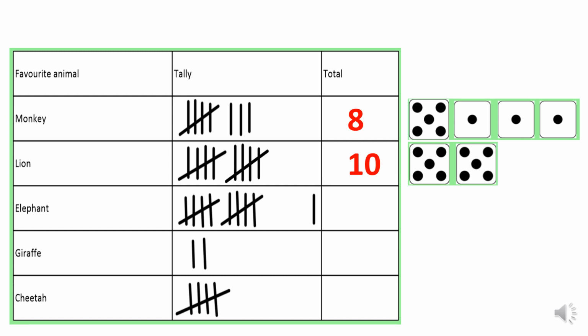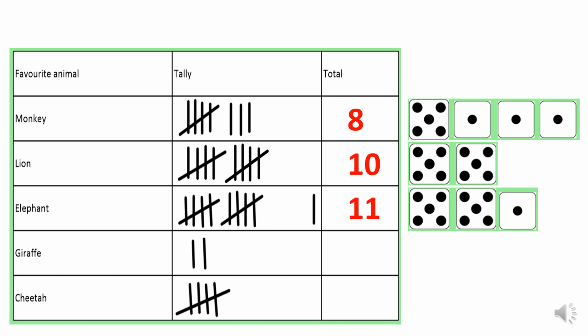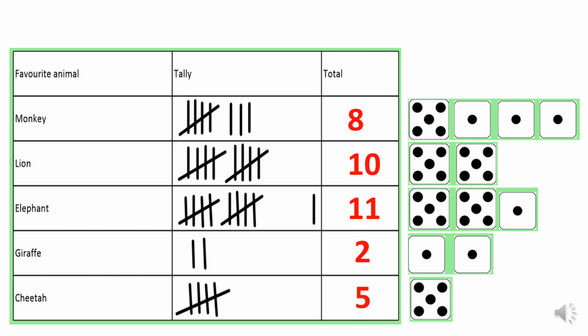For elephant, it's the same as the one above, but we've got an extra 1. So 5, 5 and 1. What is the total of 5, 5 and 1? It's 11. And for giraffe, we've only got 2 lines, so this just shows us 2. And for cheetah, we've got 5. So this shows us a total of 5.